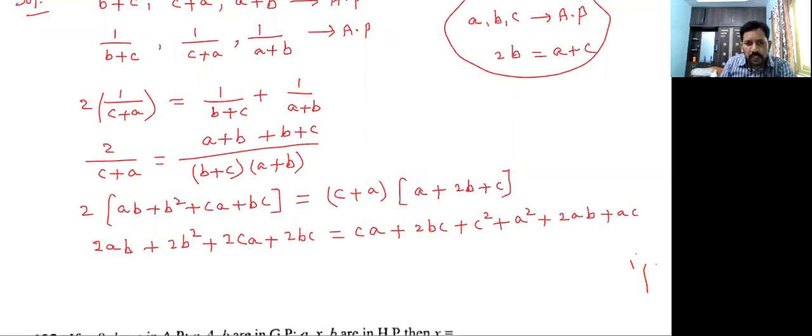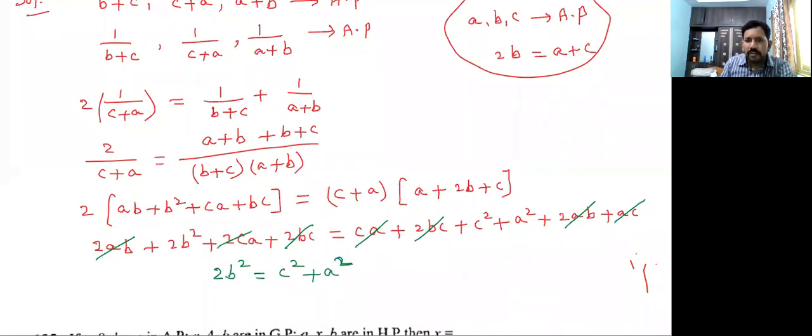Observe the terms. Any term is going to cancel. 2BC cancels. Next, 2AB cancels. Next, CA plus AC, that is 2CA, cancels. Remaining, what is there? 2B square is equal to C square plus A square.